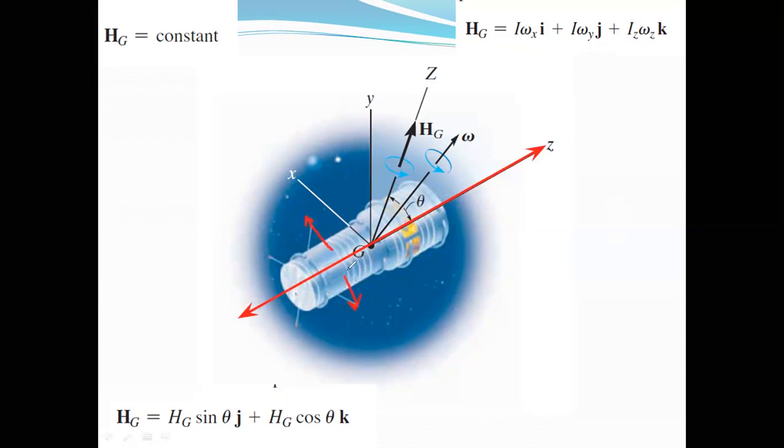I will call this portion 1 and this portion 2. Portion 1 and portion 2 are symmetric about the z axis. That's why we call this axisymmetric.